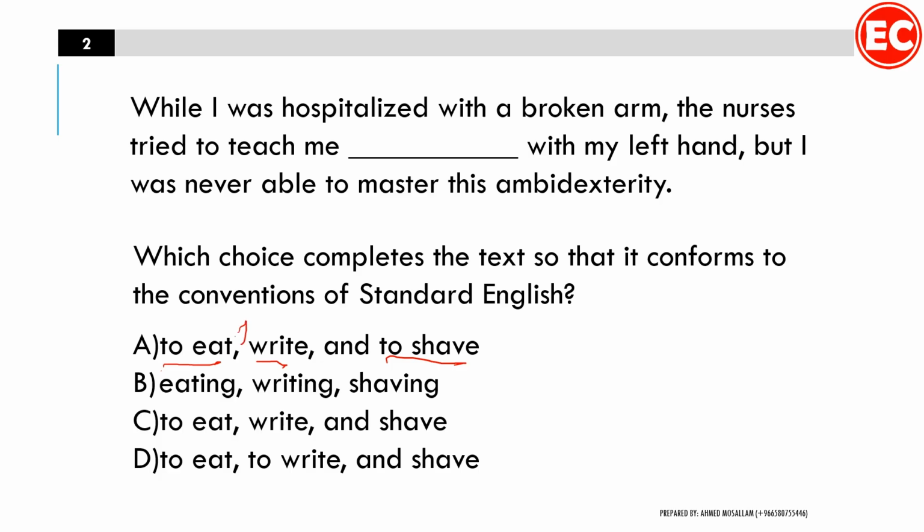Yes, we have to add "to" here. If we have to eat, to write, and to shave, it will be correct. The other one here, eating, writing, shaving. What's missing here? "And" should be placed before the last one. Here we have "to," and then we have a clean verb: eat, write, and shave. So most likely C is correct. To eat, to write, and shave. What's missing here? Yes, it's "to."